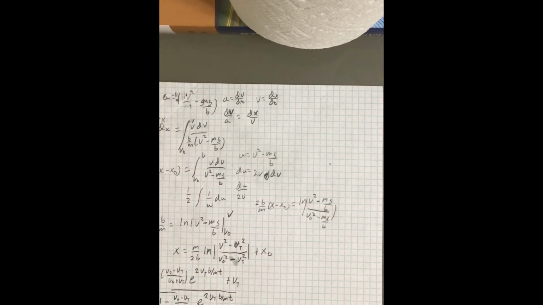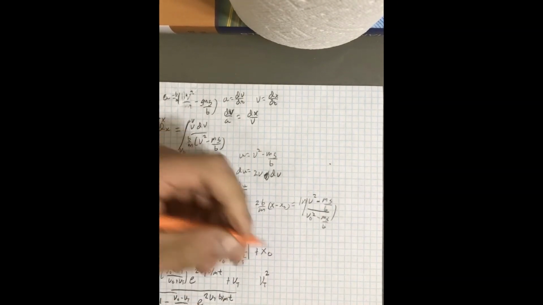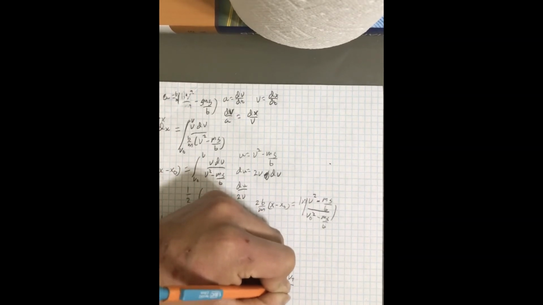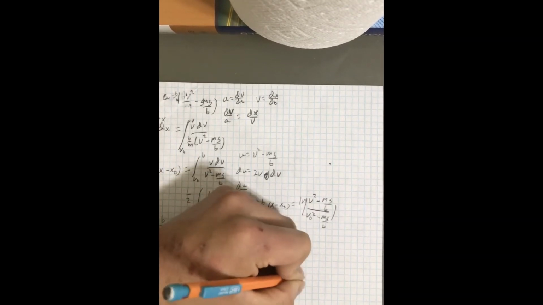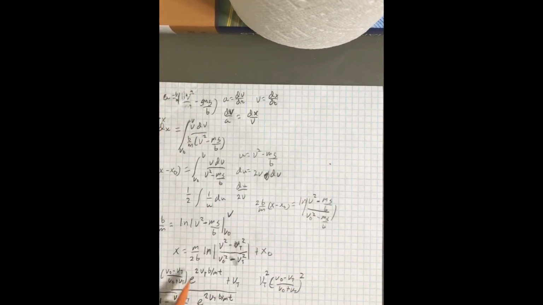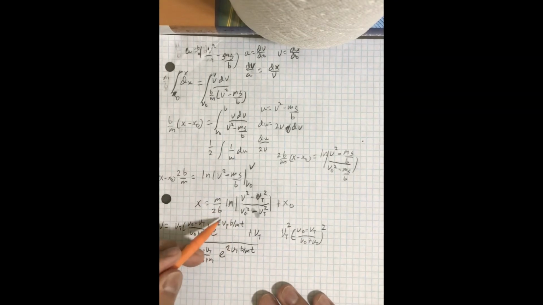If we're going to square this, then we got vt squared, (v naught minus vt over v naught plus vt) squared, and if we square an exponential, we're just raising it to a power, so we can just multiply it.